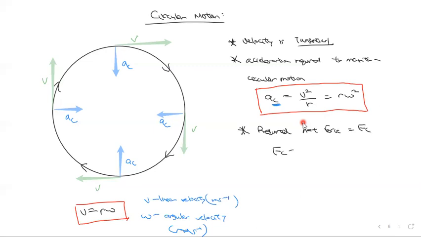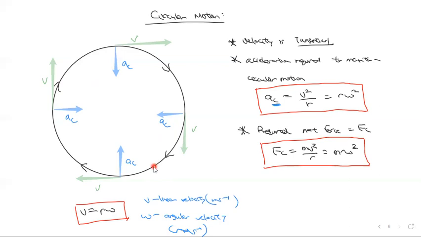And this Fc would just be mv squared over r, or m r omega squared. So the key point to recognize here is regardless of the type of circular motion you're undergoing, whether it's uniform or not, in other words, whether you're going at the same speed throughout the circle or not, all the ones you're doing are likely to be uniform. They're basically not going to ask you any questions on non-uniform circular motion in physics.